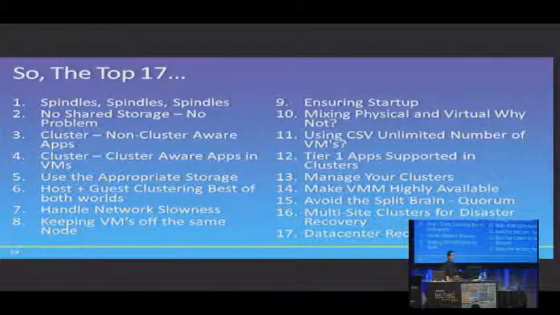And then the ones that I think are probably the most important here are: handle your network slowness with the same subnet delay settings, and use CSVs. You leverage them as much as possible. It gives you a lot of advantage as far as SAN management within clustering. And then make your VMM highly available by putting it on some type of highly available system. And lastly, probably the most important is the spindles one.